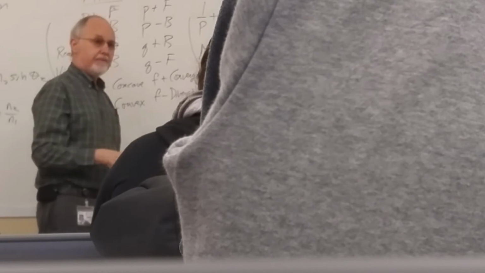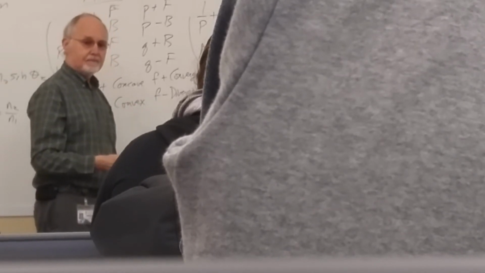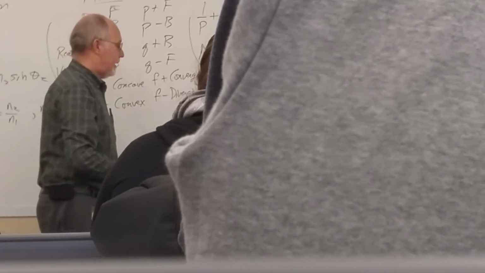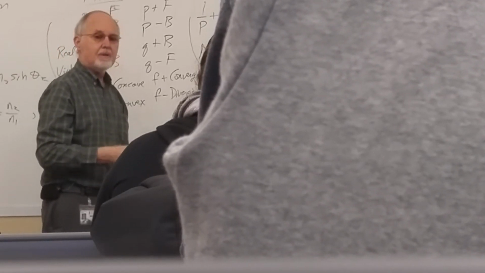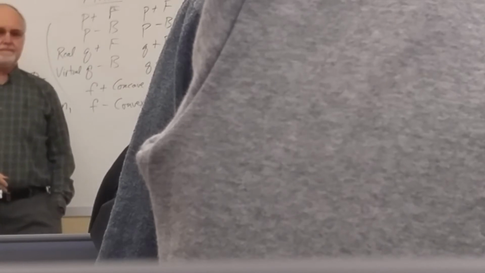And so you go through the second lens and find where the final image is, which could be on this side, it could be in between, it could be back here somewhere. Just depends on what the numbers are at that point. But you go through that again, and if they're asking you for the total magnification, what's the final image compared to the original object, then the total magnification is the product of the individual magnifications for each lens.